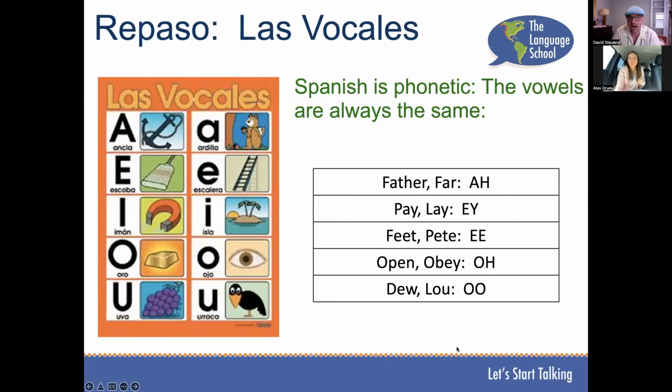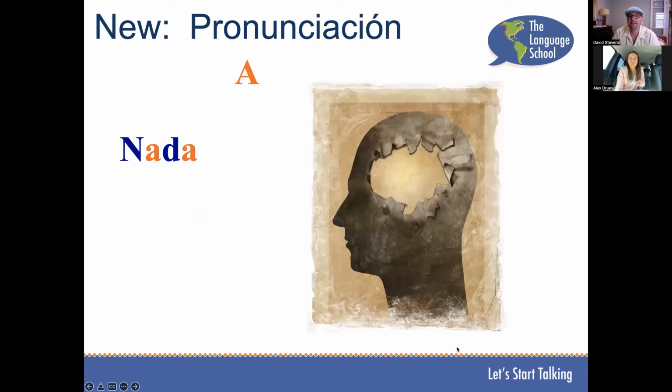So repeat after me. A, E, I, O, U. A, E, I, O, U. These vowels don't vary very much. There may be in certain situations some minor little variations, but for the most part, that's the sound. So you have to get really comfortable with these vowel sounds.